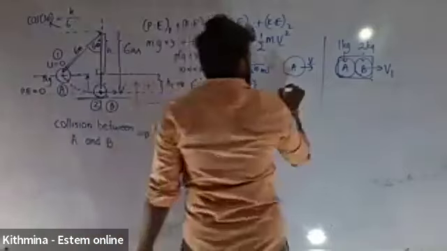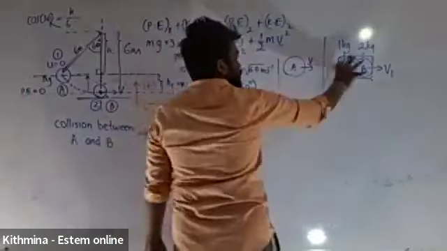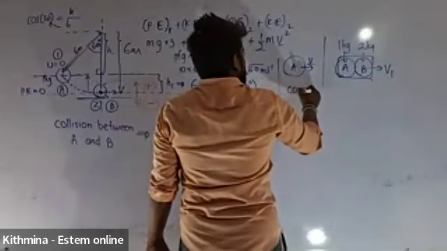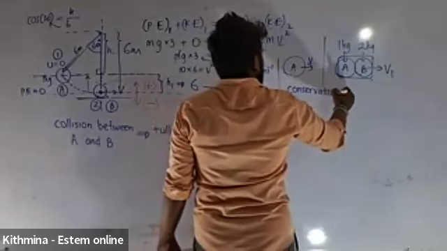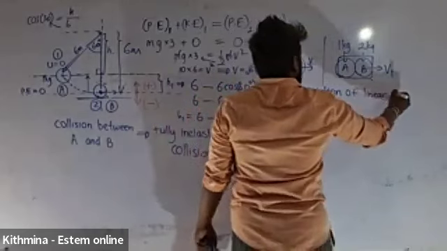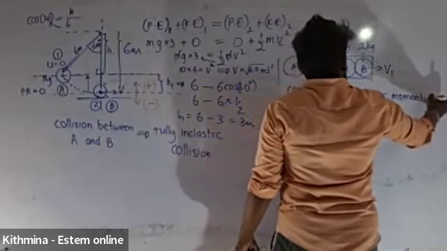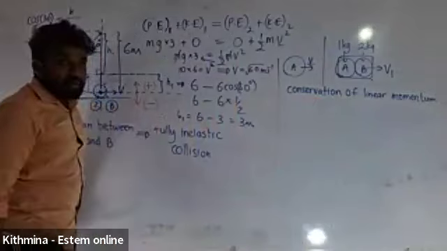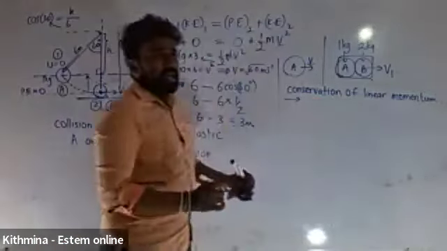Now we should apply conservation of linear momentum for this. Conservation of linear momentum. When we apply conservation of linear momentum, we should prefer a direction. I prefer this direction.